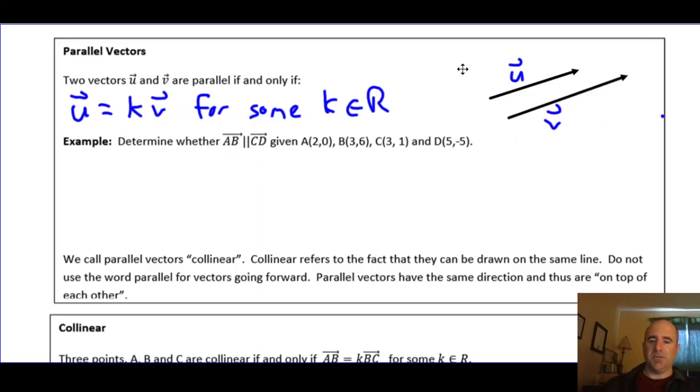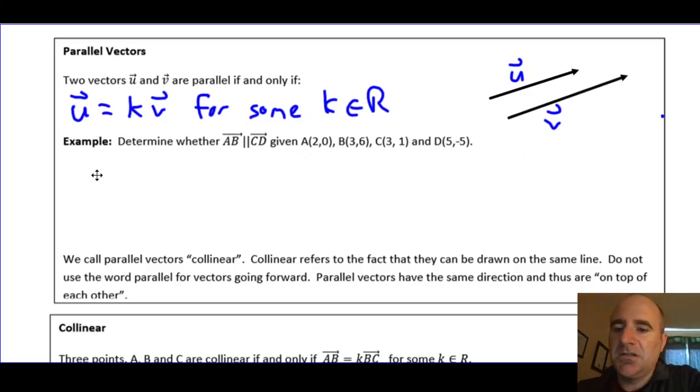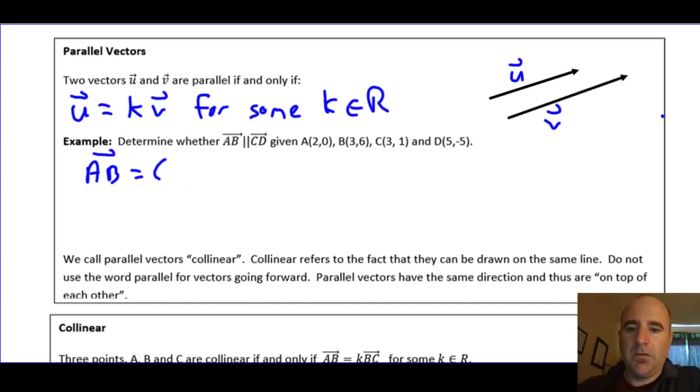As an example, suppose we want to know, is vector AB parallel to CD given these points in 2-space? So we need to start by finding out what those vectors are. AB would be the vector, I'm sorry, hang on, I got the wrong number there. 3 subtract 2, and 6 minus 0.